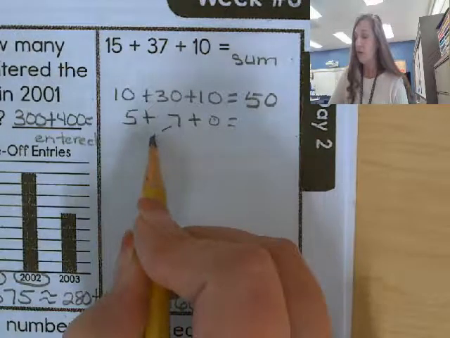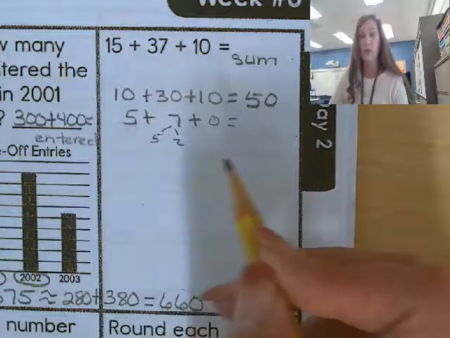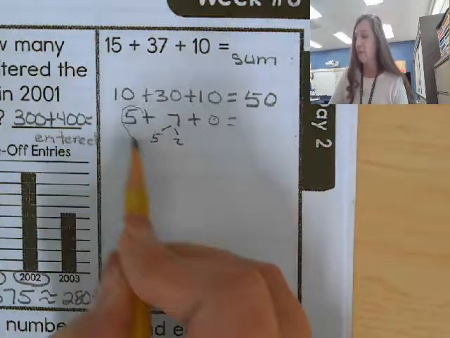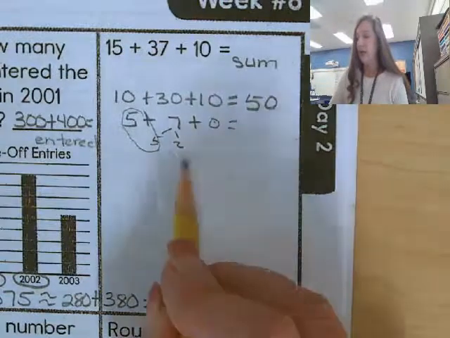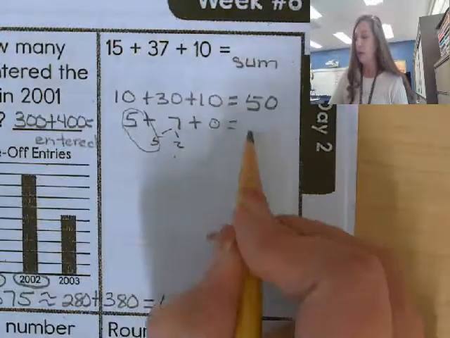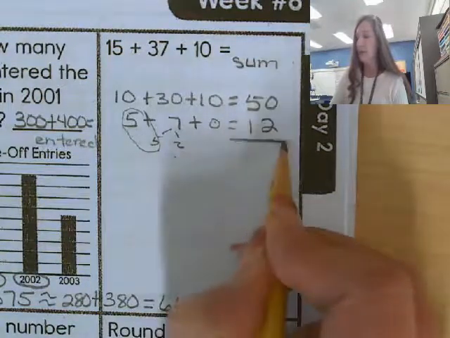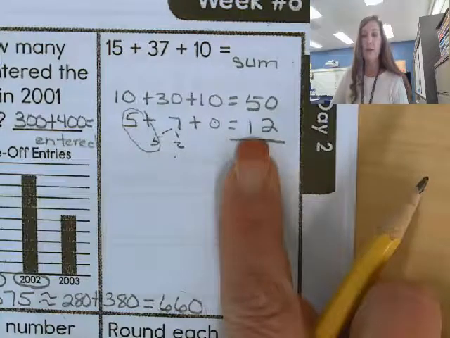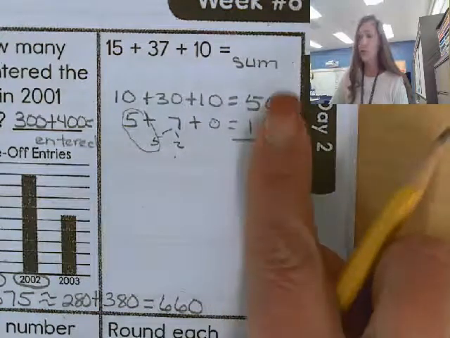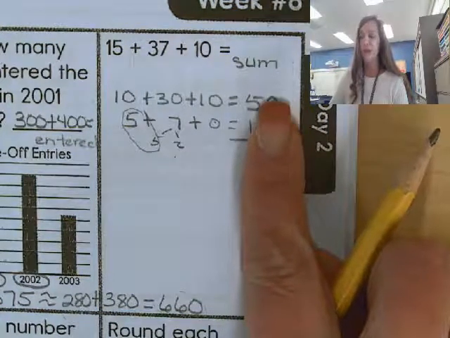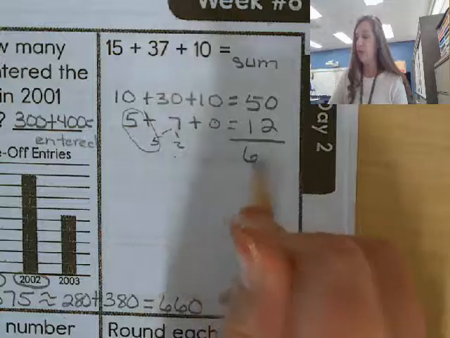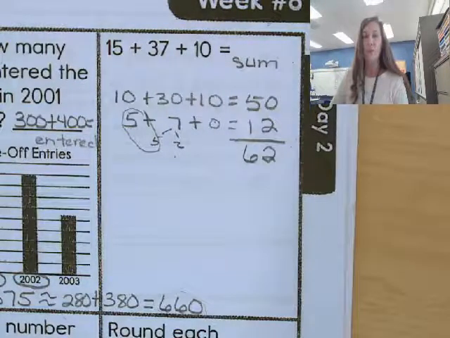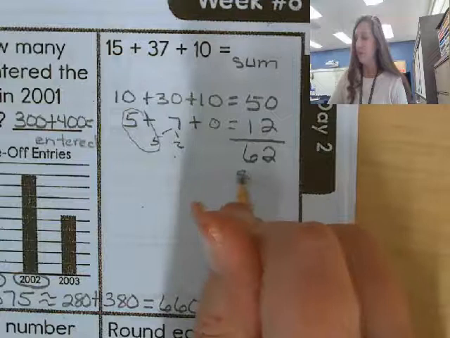You could break this apart as 5 and 2. When you add 5 plus 5, that's 10. And 2 more would make your 12. Now, what does that tell me? I had enough ones to make a 10. So that 10 is going to be added to my tens place here, which is 50. And now I'm going to have 62 as my sum, or my total.